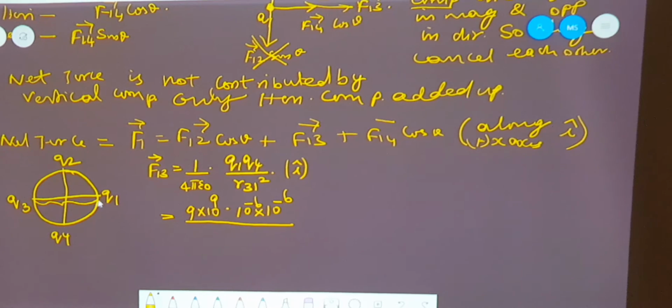R31 is this distance. It is the diameter, so 2 meters, so 2 square. So you can simplify: 9 divided by 4 multiplied with 10 to the power of minus 3 Newton along the positive x-axis. Take this as equation number 1.